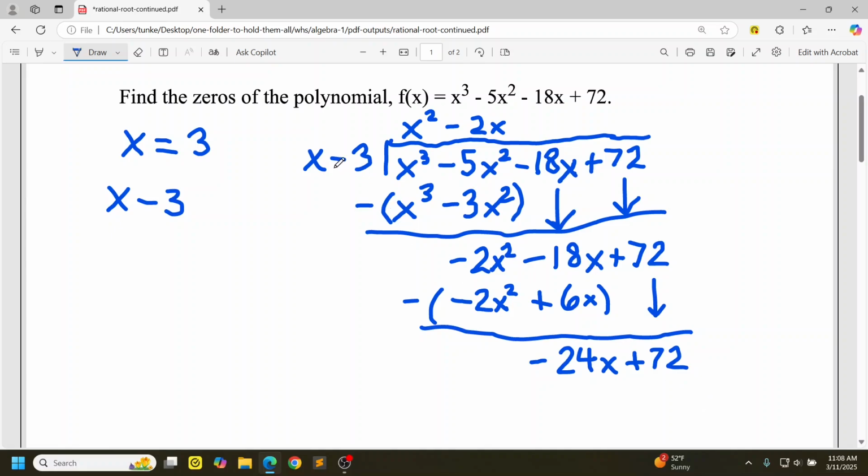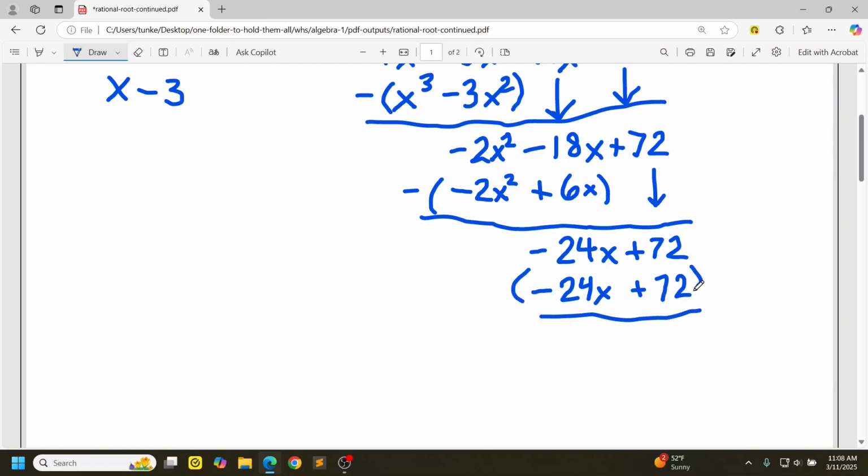Okay, then we're going to multiply x by negative 24, and we're going to get negative 24x here. And then negative 24 times negative 3 is plus 72.